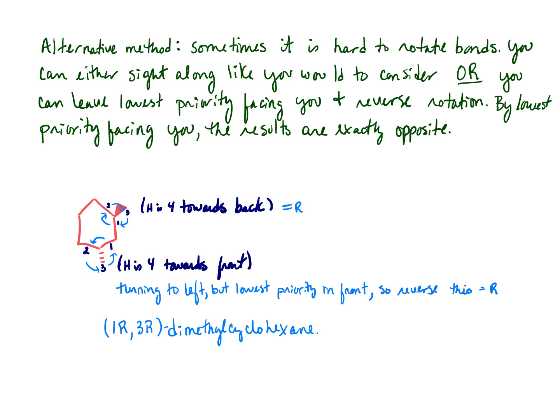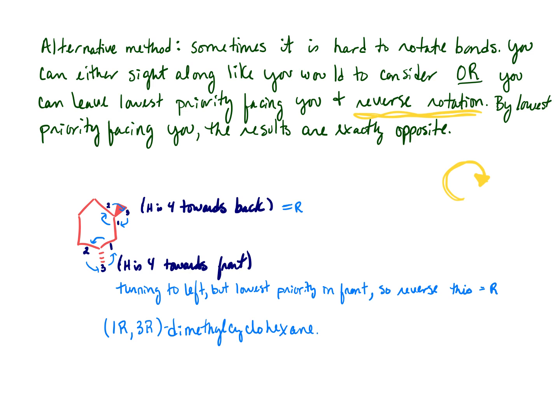If you instead leave the lowest priority facing you, then basically you just take the reverse rotation when you're done. For example, if you were to take this piece of paper or the screen that you're looking at right now, and I'm rotating to the right, if you're on the other side of the screen and you see somebody rotate this way, they're rotating exactly opposite to what we see on this side of the screen. So if you do what you're supposed to do, but your lowest priority is coming at you, then just reverse it.